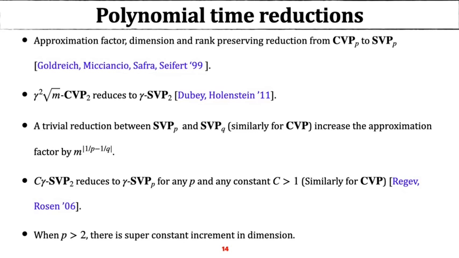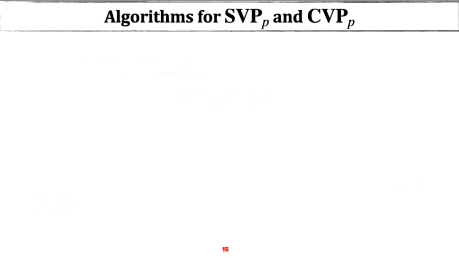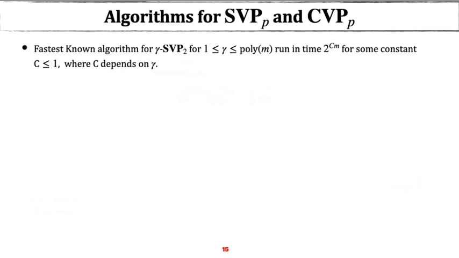Now let's move to algorithms for SVP and CVP. The reason I'm talking about algorithms here is that before going into exponential time reductions, we want to know what is the best time complexity known for SVP and CVP and what we can hope for.